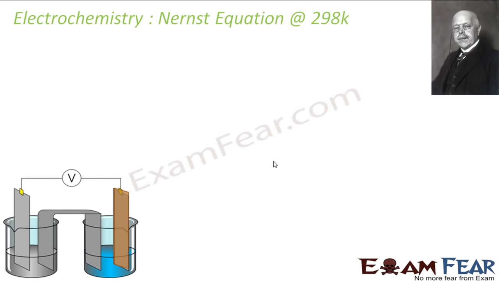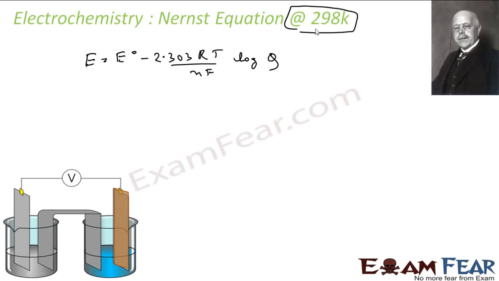So if you see, the Nernst equation which we have found has a lot of variables. E is equal to E naught minus 2.303 RT by nF log Q. Right? This is what we have found. But most of the experiments chemists do, they do at 298 Kelvin. And there are a lot of constants here. R is constant. If the assumed temperature is 298, this becomes constant. And F is constant. And 2.303 is constant.